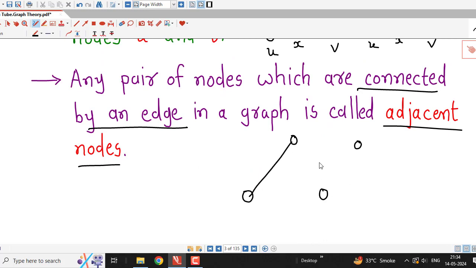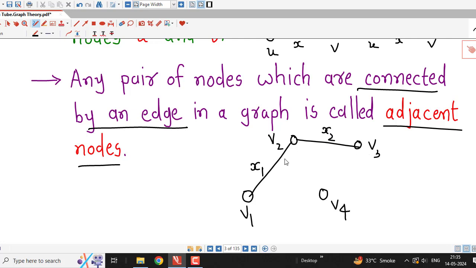and suppose I have this type of situation. Suppose I denote these vertices by V1, V2, V3 and V4. Here we can see that V1 and V2 are connected by an edge, say X1. Then we can say that V1 and V2 are adjacent. Similarly, suppose X2 is an edge between V2 and V3, that is, X2 connects V2 and V3.